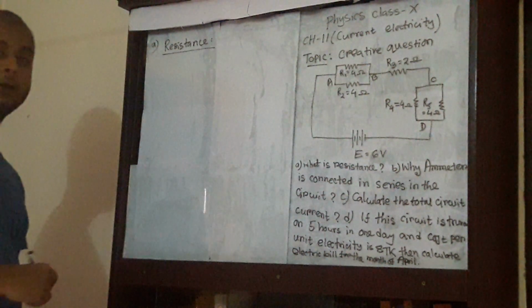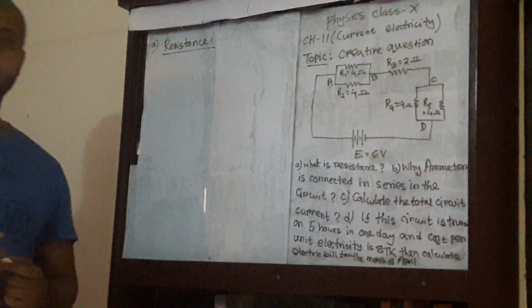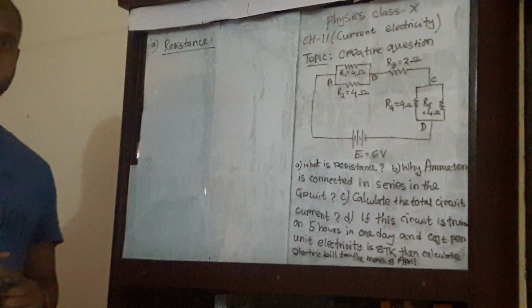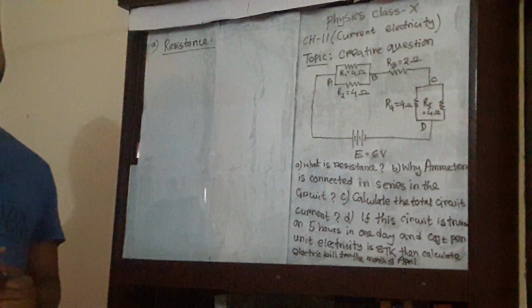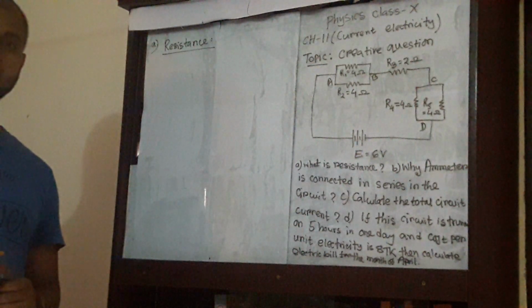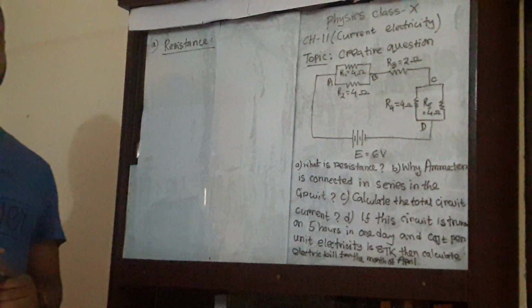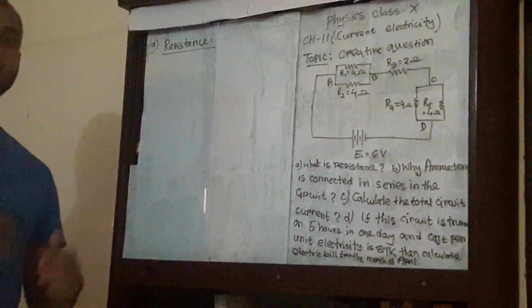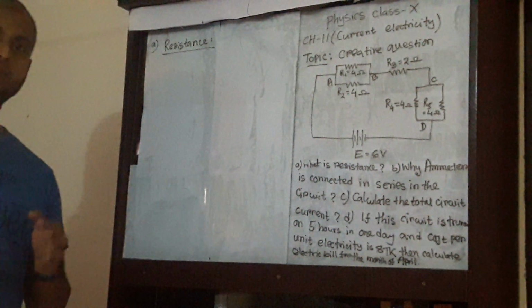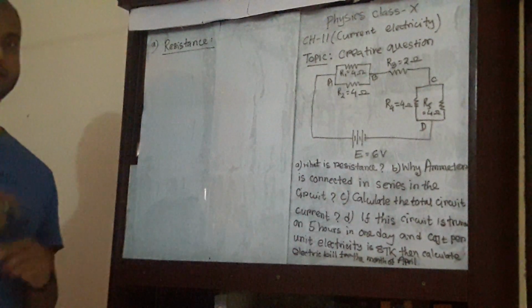Boys and girls, resistance is a special electric property of any circuit, any electric device, any substance, which can create obstacles when electricity passes through it, just like a blockade, when electricity wants to pass through any electrical device.